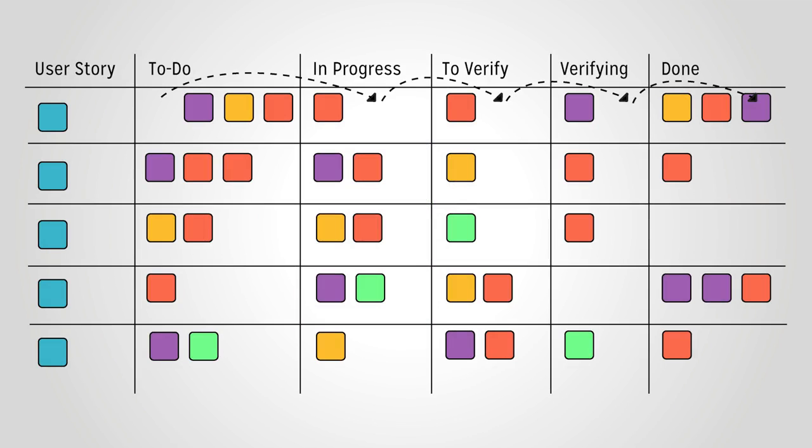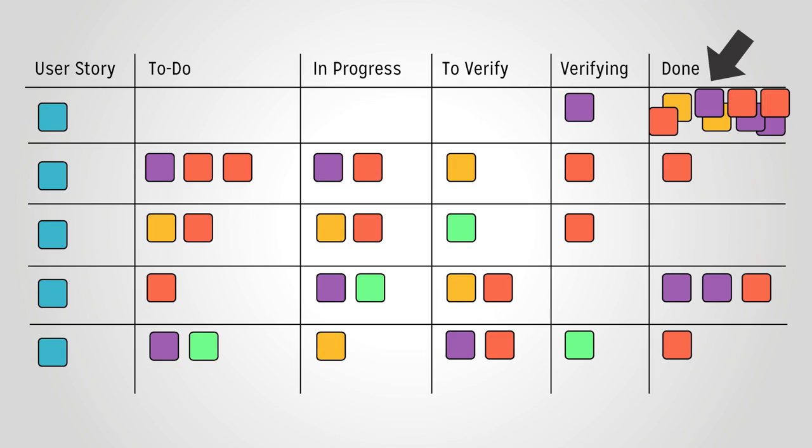Once a task moves across the board to the Done section, it can be considered complete. You will then burn up that task on the burndown when it gets updated. This means that you can deduct the associated hours for that task from the work remaining. Once all the tasks for a user story are in the complete section, then that user story should meet the team's definition of done.